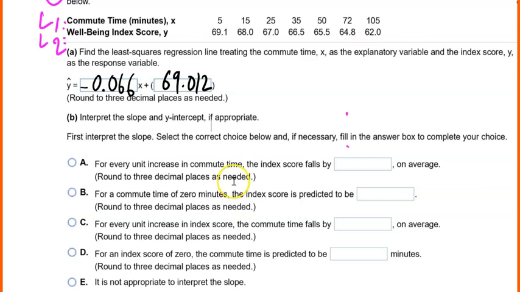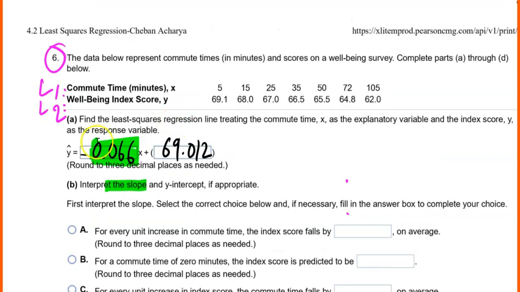Okay, and interpret the slope and y-intercept. That's the second question. Let's first interpret the slope. Remember, the slope basically tells you how much y is going to change for a unit change in x. In other words, if x changes by one, how much does y change? Here, change in x means change in the time. One minute change in the time, how much change in the well-being score?